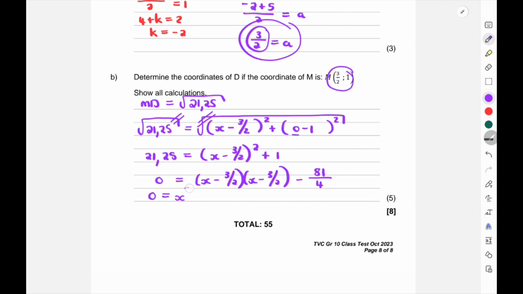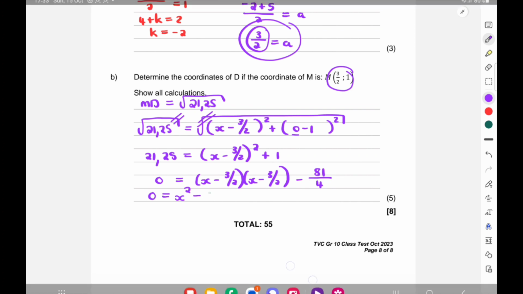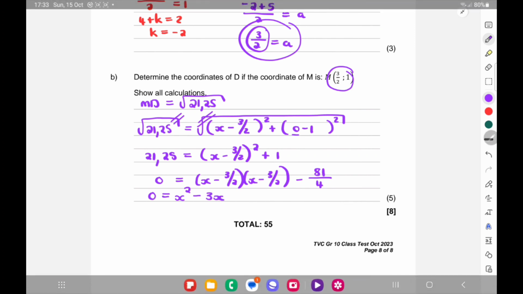x times x is x squared, minus 3/2 minus another 3/2, and you can just put it in your calculator, gives you -3x. Oh, thank goodness.